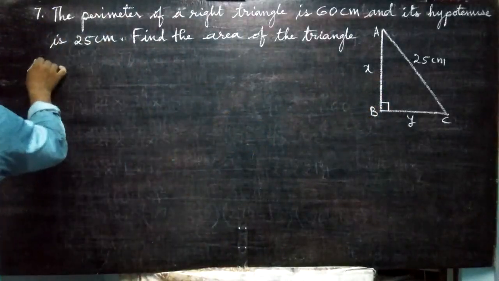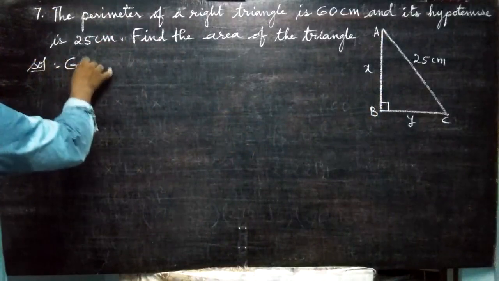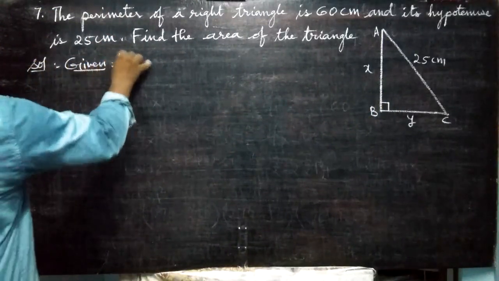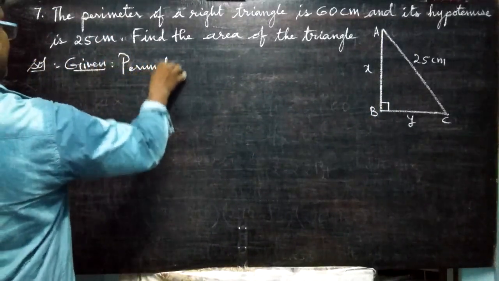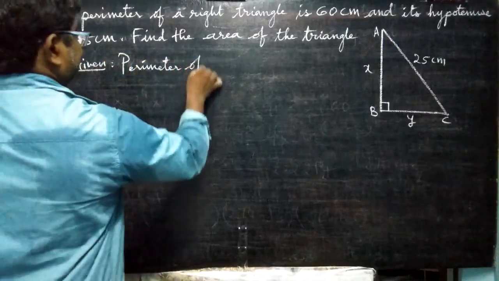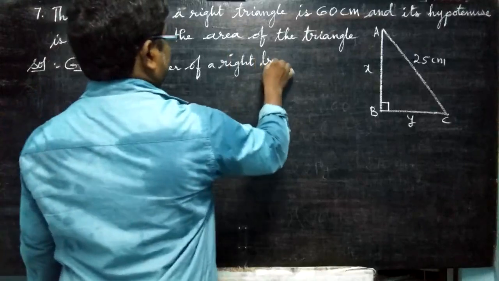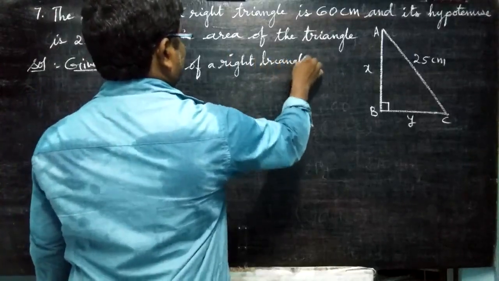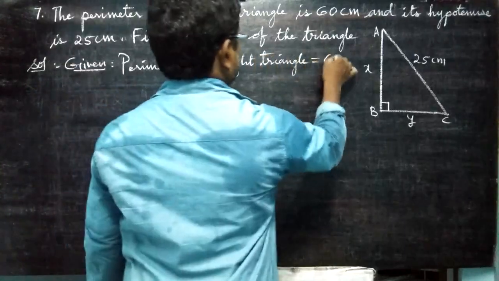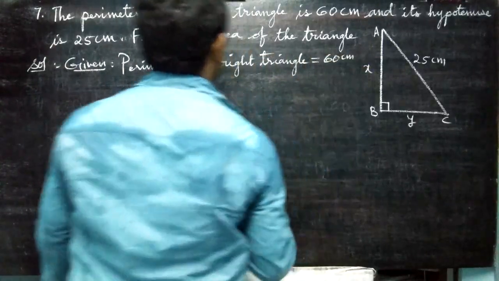Now the solution. First, what have they given? Perimeter they have given. Perimeter of a right triangle is equal to 60 centimeters.